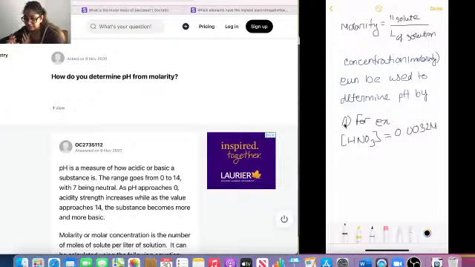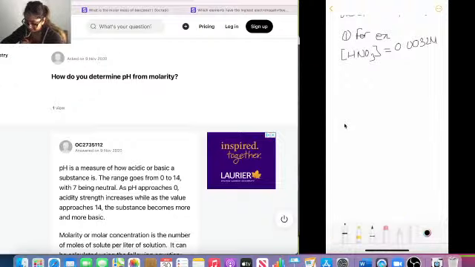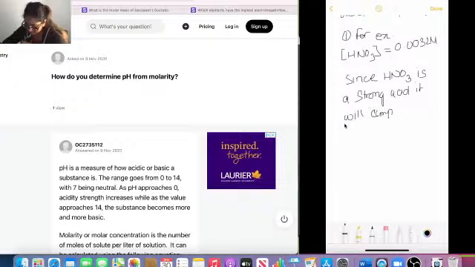And so the molarity basically becomes the concentration of, so we can say since HNO3 is a strong acid, it will completely dissociate into H plus ions and your NO3 minus ions.